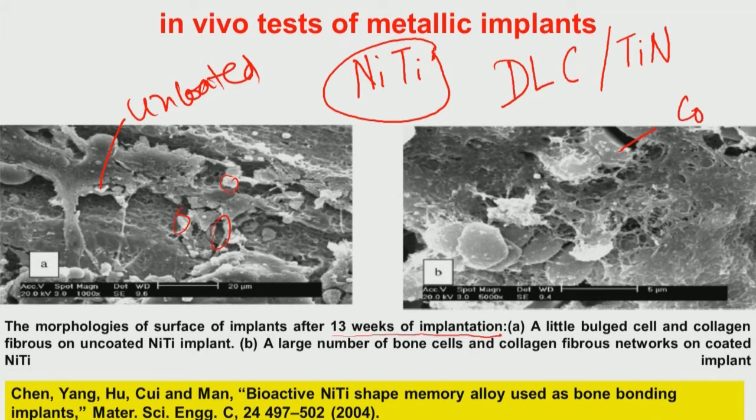This is the coated nickel titanium, and what you see on the right hand side is a greater number of bone cells. These are the osteoblast cells, and also this is the collagen fibrous network. This fibrous network is essentially a signature of extracellular matrix deposition along with the bone cells on this particular substrate, that is ceramic coated nickel titanium.